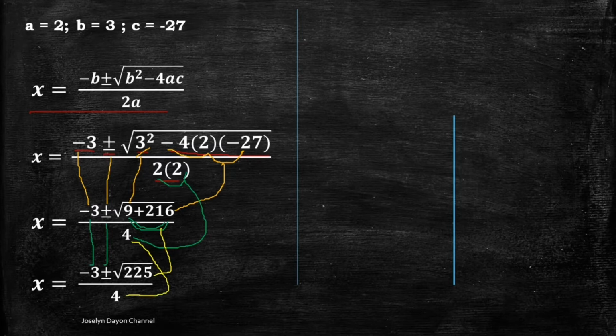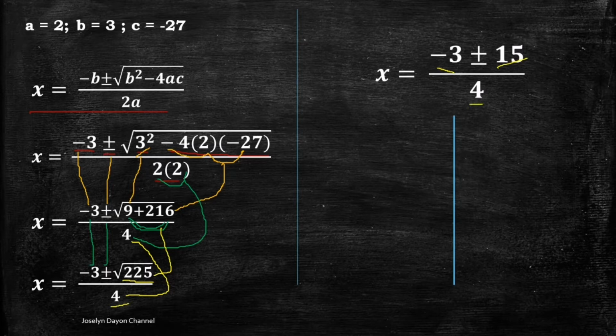Now we are going to extract the square root of 225. So we copy negative 3 plus or minus. The square root of 225 is 15. Then you just copy the denominator 4.